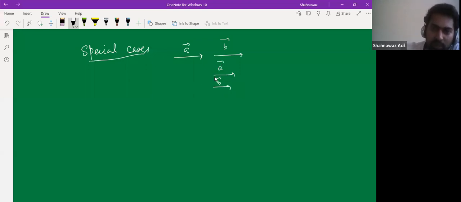So when I put the tail of this vector here, this will be coming like this. Okay. So let's say this is A and this is B. So these are both parallel vectors. So in this case, what is the angle here? Anyone? What is the angle here? Heather, Iram?